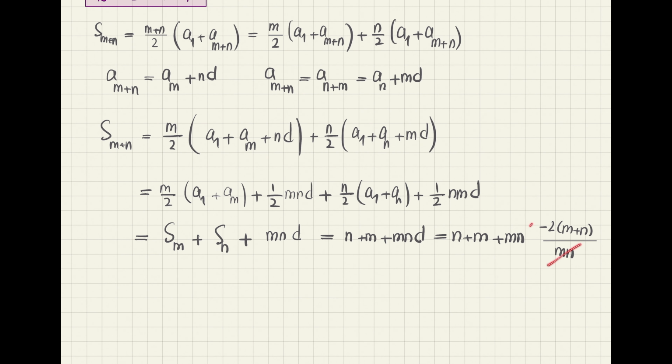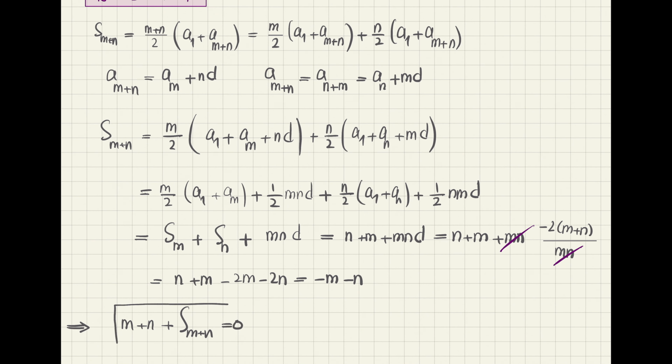This mn and that mn are cancelled, and then I multiply that, so it becomes n plus m minus 2m minus 2n, which becomes minus m minus n. So I realize that S sub m plus n is this expression, so I move everything to the right, so it becomes m plus n plus S sub m plus n equals 0.